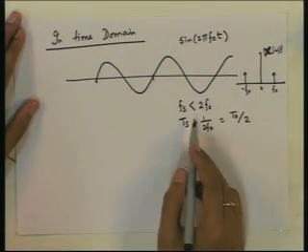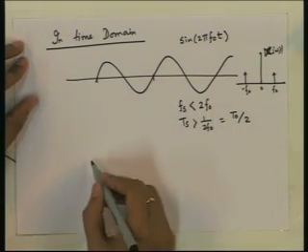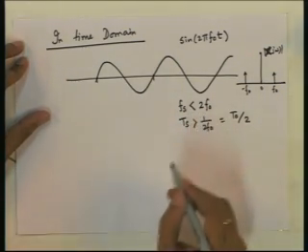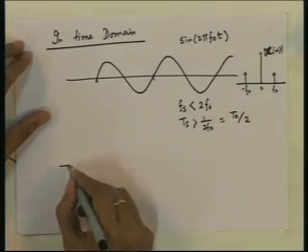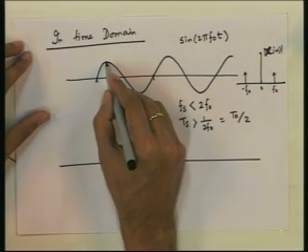Now, if we choose a sampling frequency less than 2 f naught, what happens in the time domain? Let us just sample this at less than this rate. Let us say that one sample falls here at the peak.